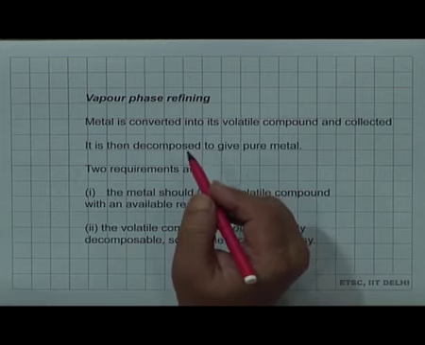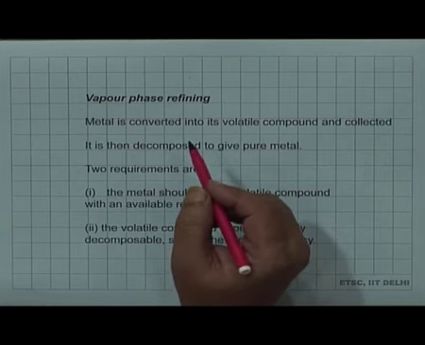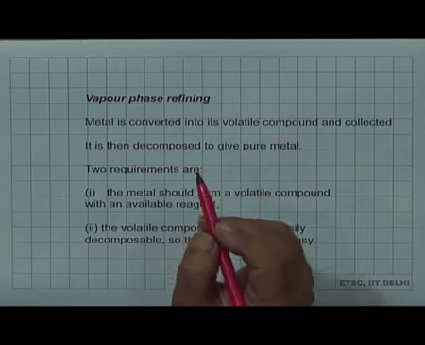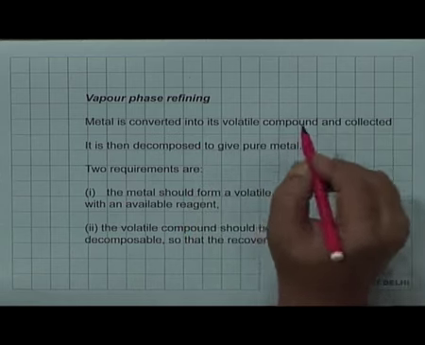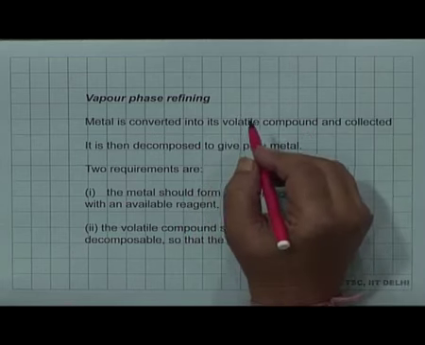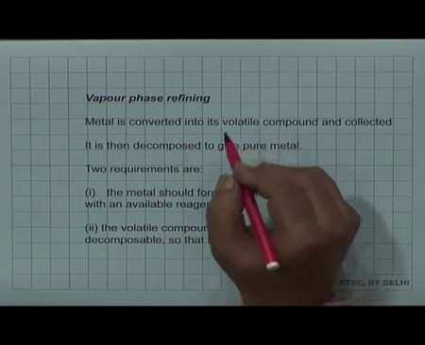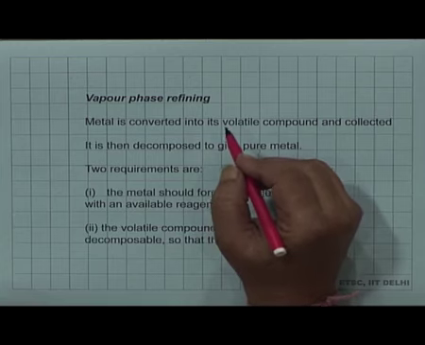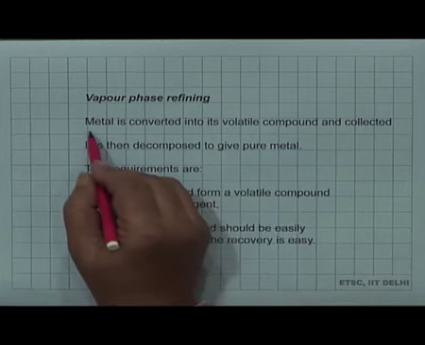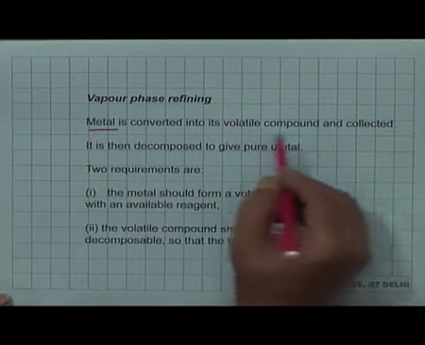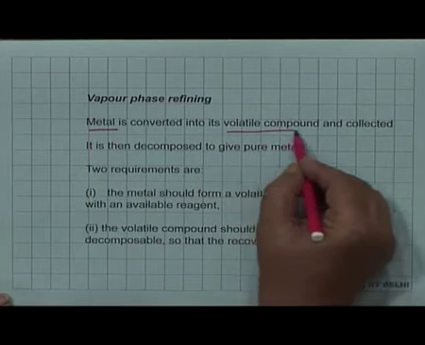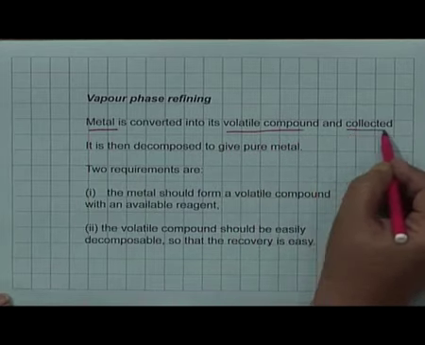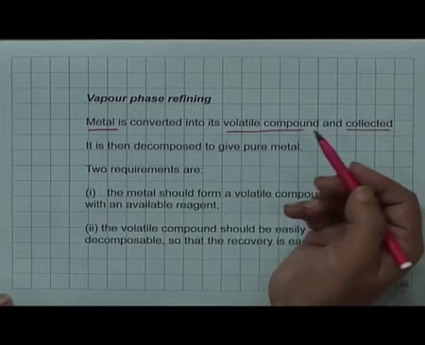The next method is vapor phase refining. This method was first used for nickel. The principle of the method is based on the fact that a metal can be converted into a volatile compound and collected as vapors.